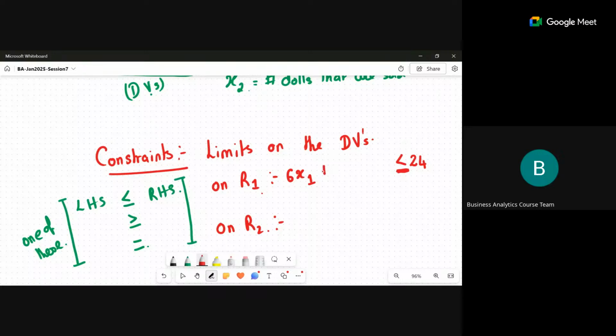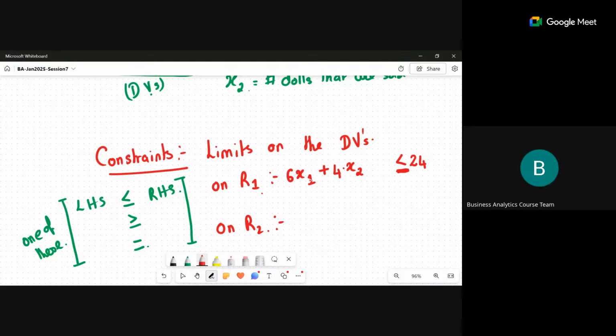For every doll, how many do I need? 4 into X2. So if I produce one doll, I will consume 4. If I produce X2 dolls, I will consume 4 into X2. So based on X1 and X2 that I produce, 6X1 plus 4X2 must be less than or equal to 24, which is the total available.